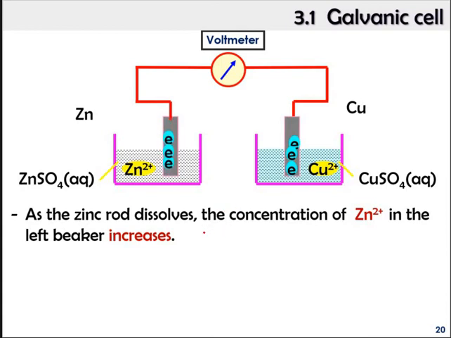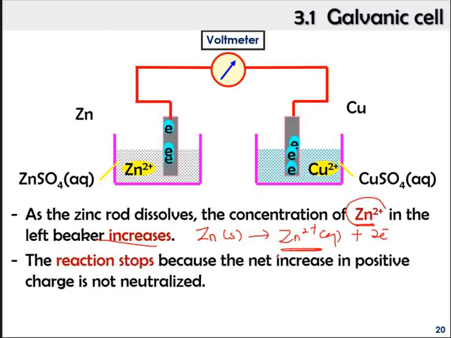Because the equation here, let's say kita tengok balik dia punya equation, zinc becomes zinc 2+, dia release 2 electron. So lama kelamaan, dia punya positive charge pada this electrolyte become increase. Okay, that means the concentration of zinc 2+ increase. Tengok produk kita adalah zinc 2+.